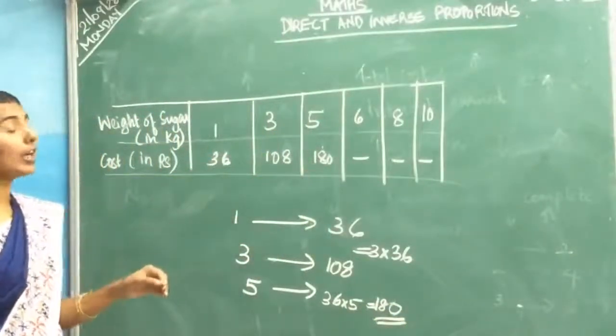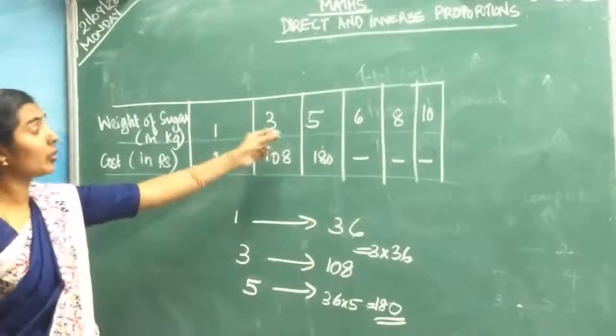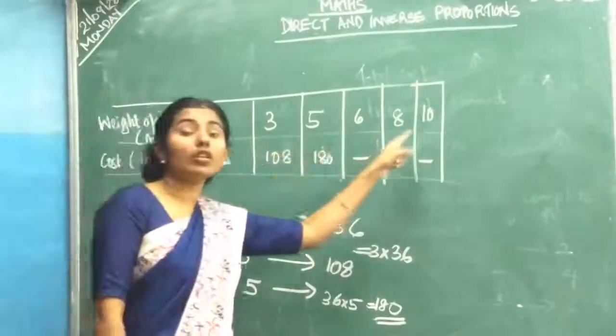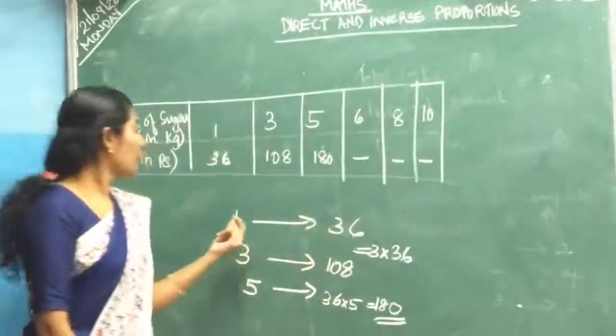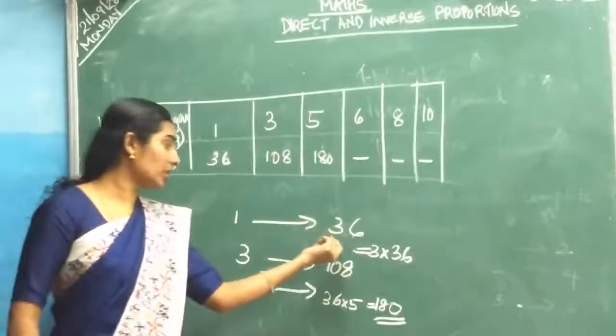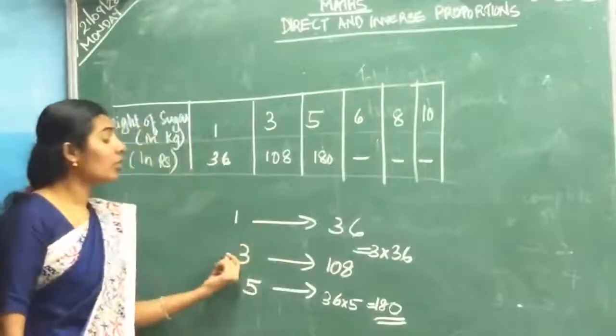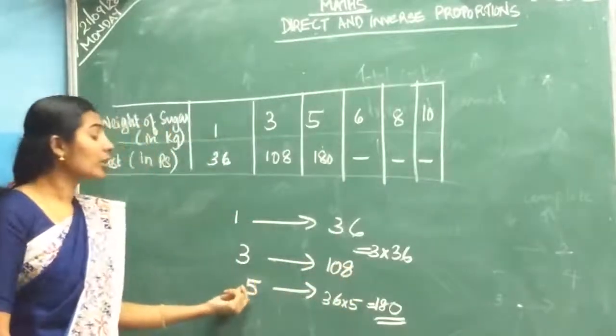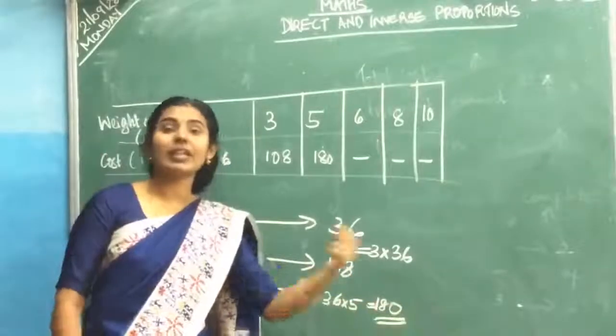So how will you find the cost for 6 kilogram of sugar? For 1 kilogram of sugar, the cost is 36. For 3 kilogram, the cost is 108. For 5 kilogram, the cost is 180.